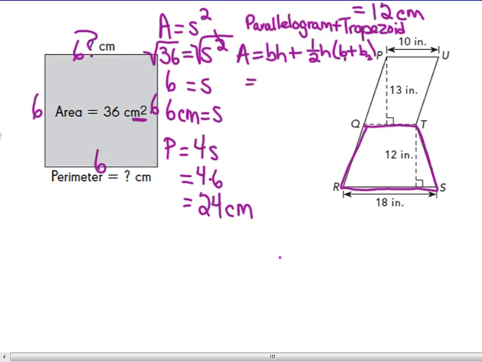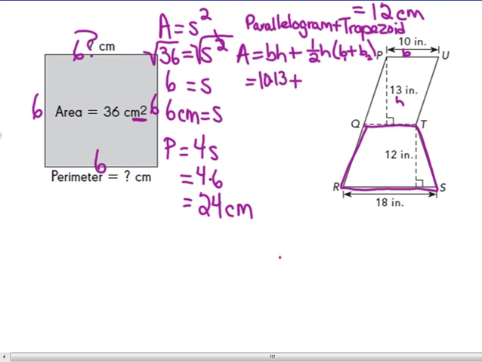Okay, I have to write small here. The base of the parallelogram, oh, the box, box is 10, and the height is 13, base times height. So 10 times 13, that's the parallelogram.